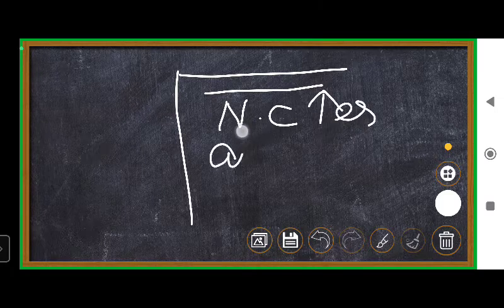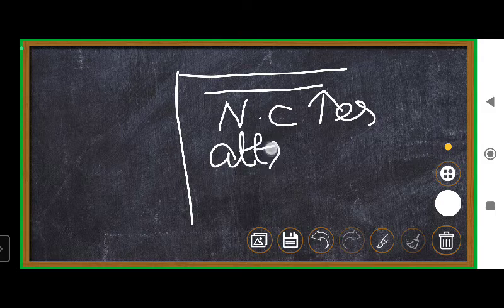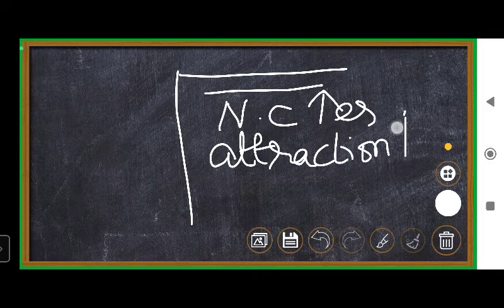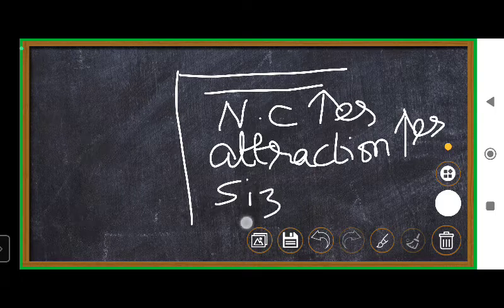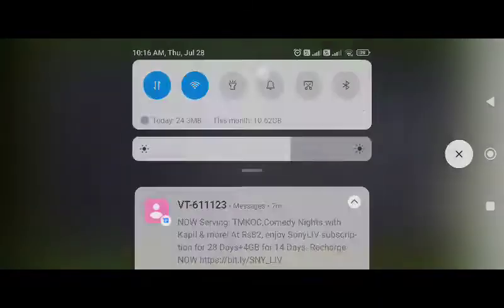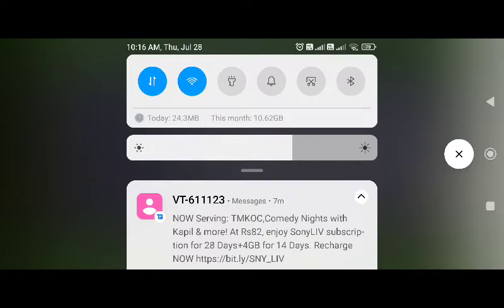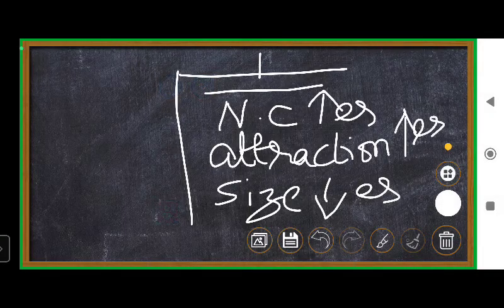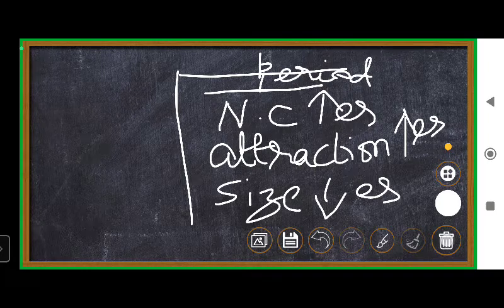So what increases? Attraction increases. Size decreases. This is in the period.